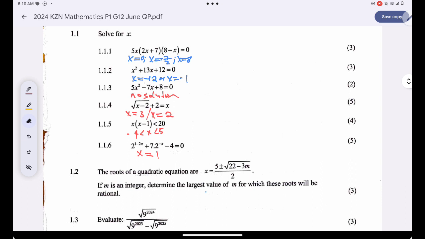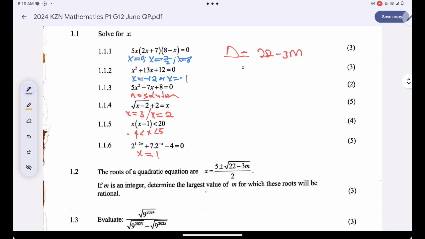And our delta is everything which is inside the square root. So in this case, our delta is equal to 22 minus 3m. Which value of m will make this to be a perfect square?